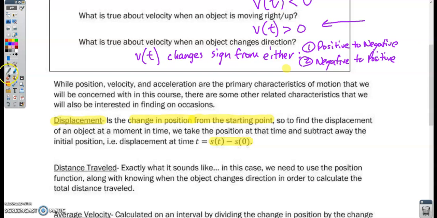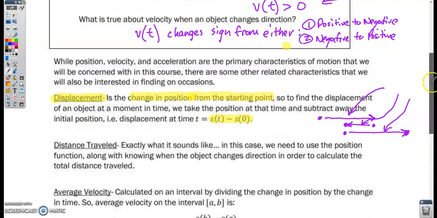For instance, if I have an object that starts here and moves in this direction, and right here it changes direction and goes back to here, and then from here it changes direction again and goes to here. In order to find the total distance traveled, we would need this change in position, and this change in position, and this change in position, and we would add them all together, and that would tell me the total distance that the object traveled. That's how we're going to calculate distance traveled.